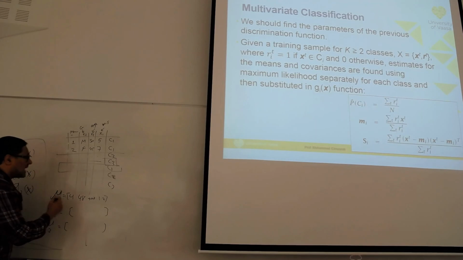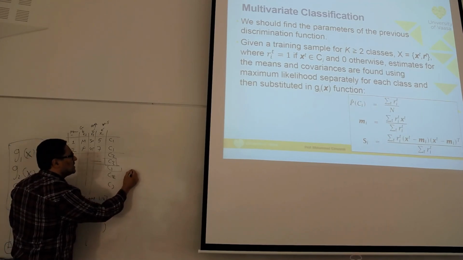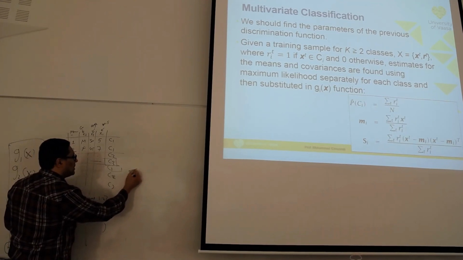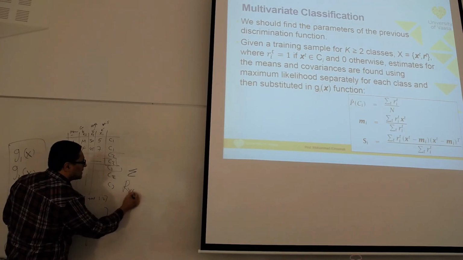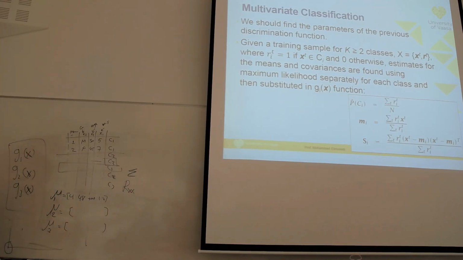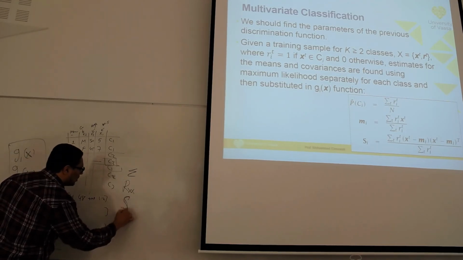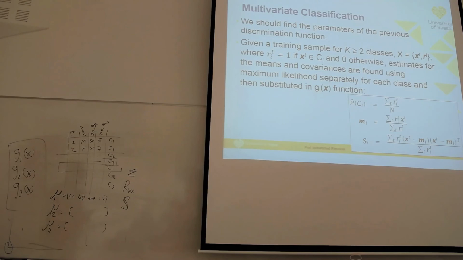Also, for each class, we compute this covariance matrix. The covariance matrix is computed as we did just before, and it is given already here. In this slide, we call it S. S is the covariance for class i.